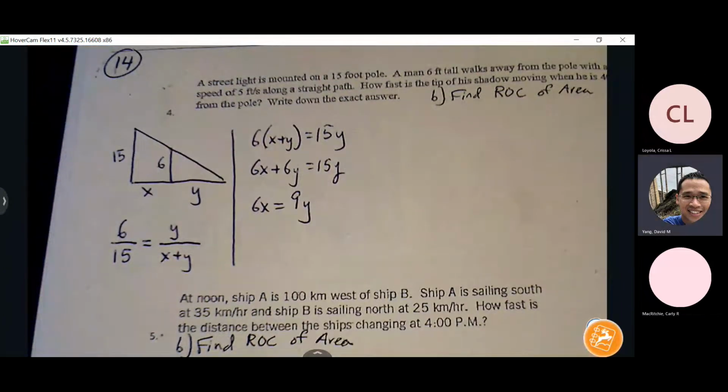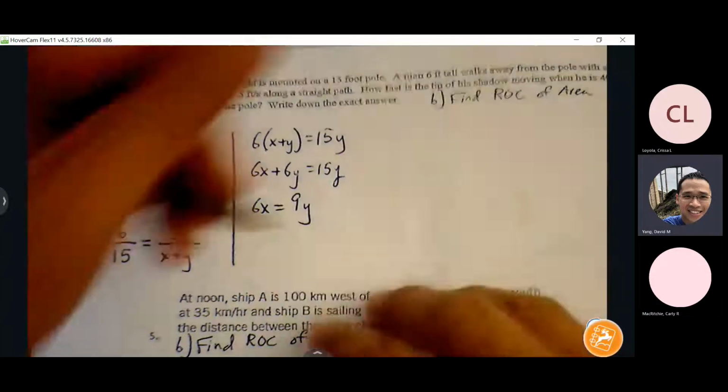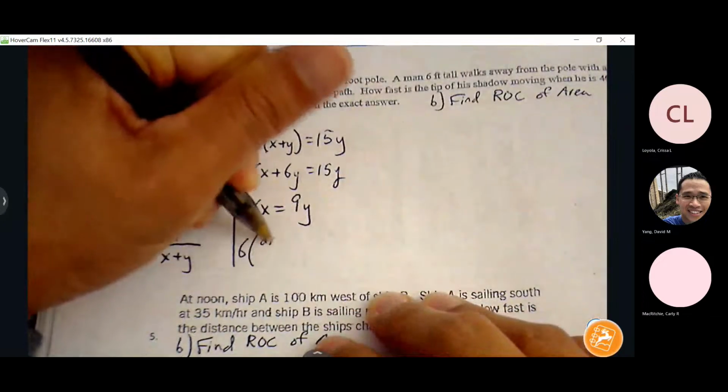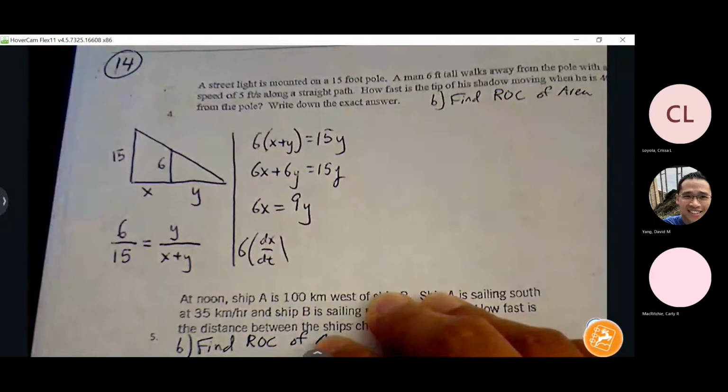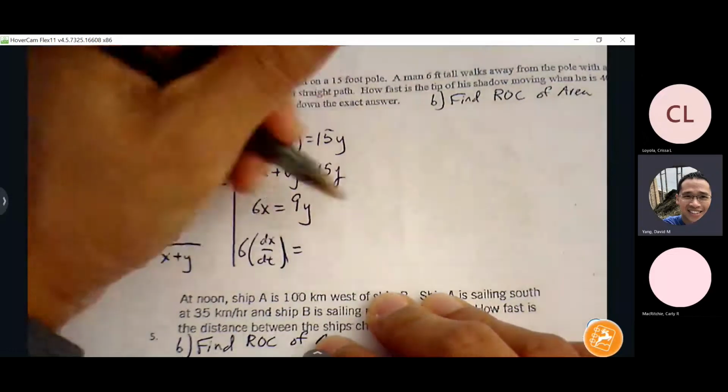Okay, derivative. 6x becomes 6 dx/dt. 9y becomes 9 dy/dt.